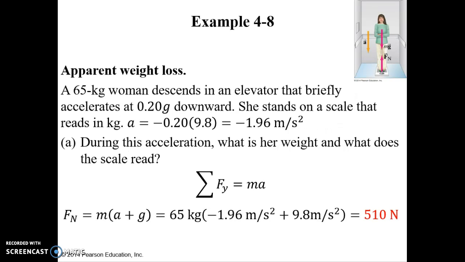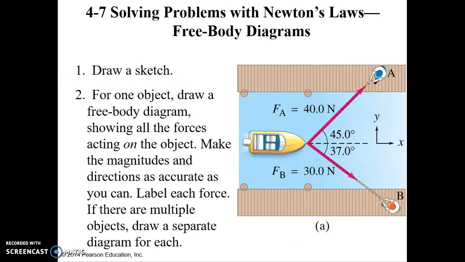Plug and chug, and we get 510 newtons. Notice that I plugged in a negative value for acceleration. Now, if our scale is measured in kilograms instead of newtons, just divide your normal force by 9.8 to get the value in kilograms for a mass reading on the scale.